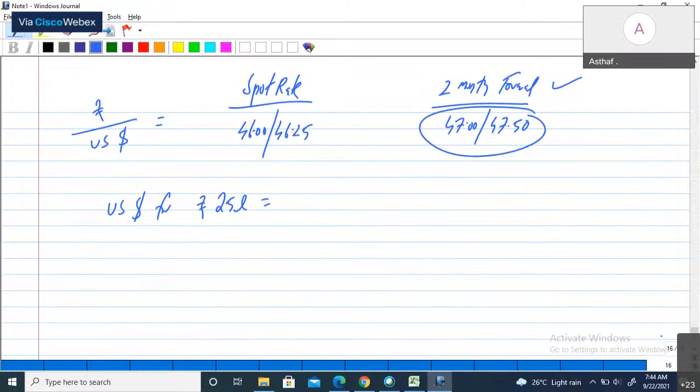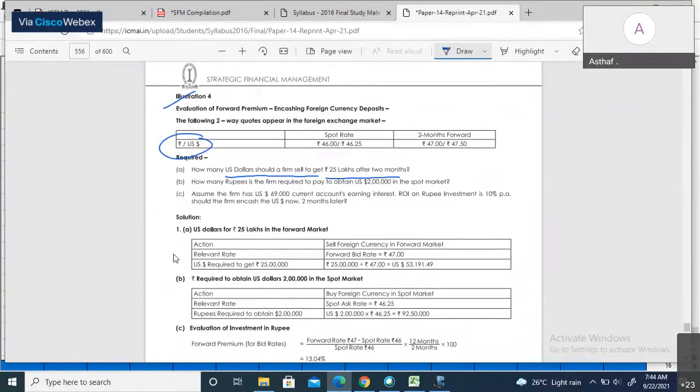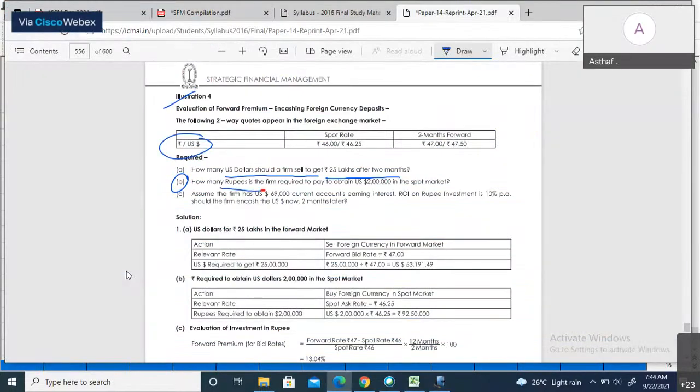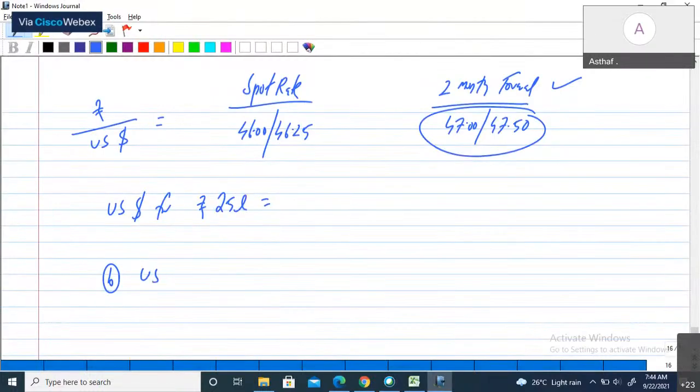Before doing this part, I will do the second part first: how many rupees to pay on a trade of 2 lakh dollars in the spot market. Then I will come to the first part.